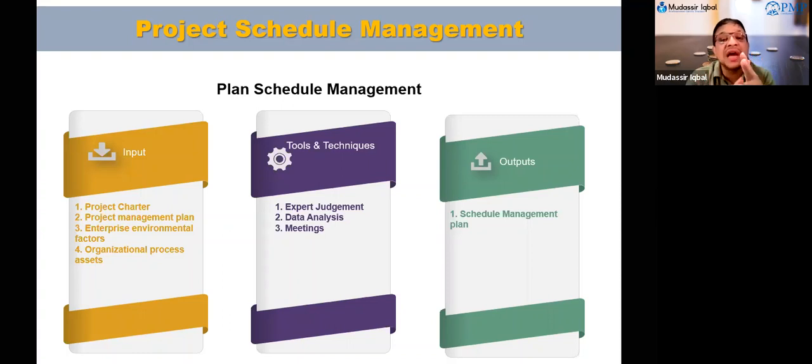What is the earned value management that we are going to use? What are the reporting formats that we have? Any other process definitions, like what sequencing means, how we are going to do the resource estimation, what are the duration estimation techniques. All these will be part of the schedule management plan.